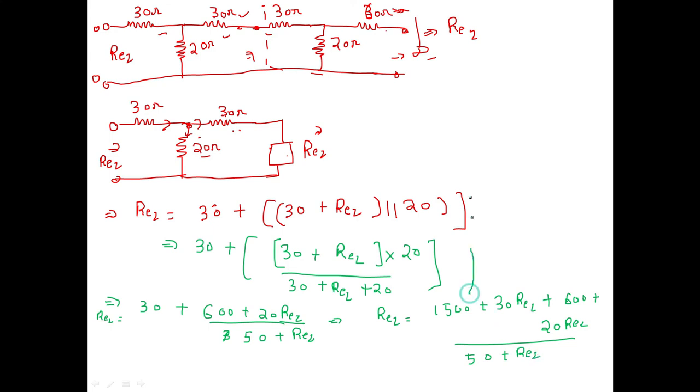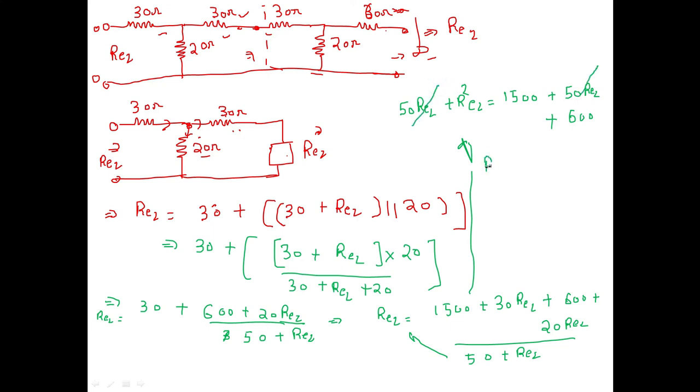Now if we solve it again, this 50 gets multiplied over here, what will we get? 50 R equivalent plus R equivalent square, and here 1500 and 30 R equivalent plus 20 R equivalent, that is 50 R equivalent, plus 600. Now this 50 R equivalent and this 50 R equivalent cancel out.